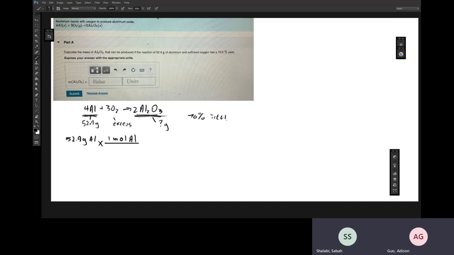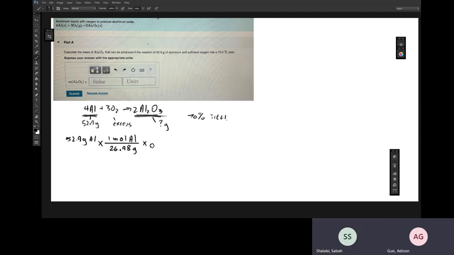Is it 26.982? Yeah, that's it. I'll just leave it at 4 sig figs. 26.98 grams.